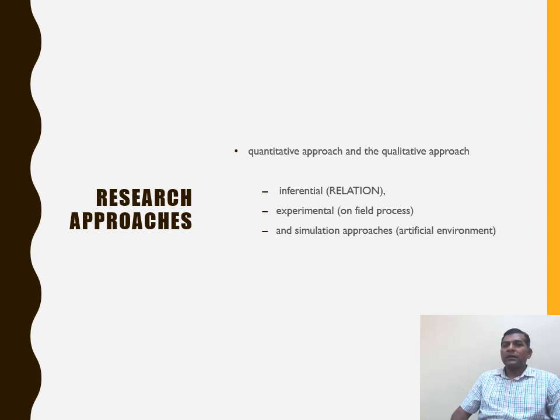First is the research approach, whether it is qualitative or quantitative. The relation of that research, the variables, the input and output will be defined with some relation, and this process used for finding out the outcomes is known as the inferential research approach.